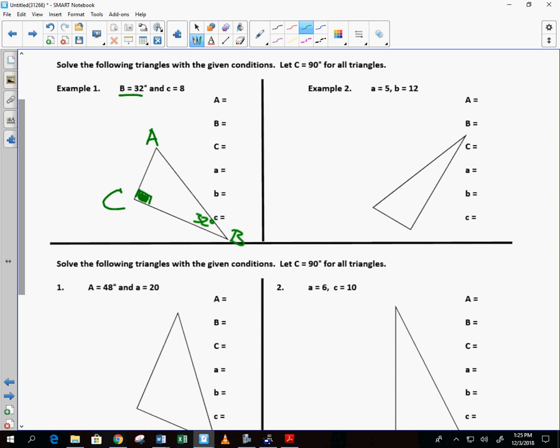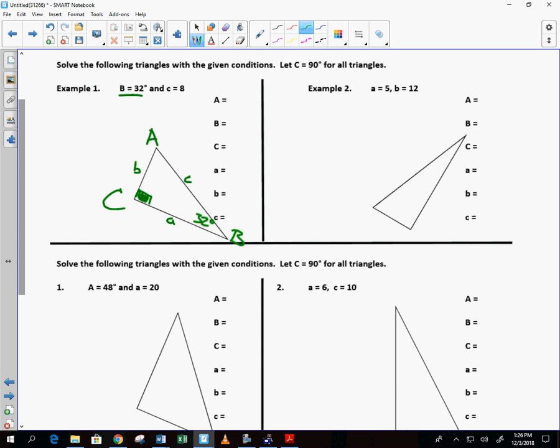Notice how I have big letters and I have small letters. The big letters represent the angles. The small letters represent the sides. Side B is opposite angle B. Side C is opposite angle C. Side A is opposite angle A. That's the way it works in trigonometry.